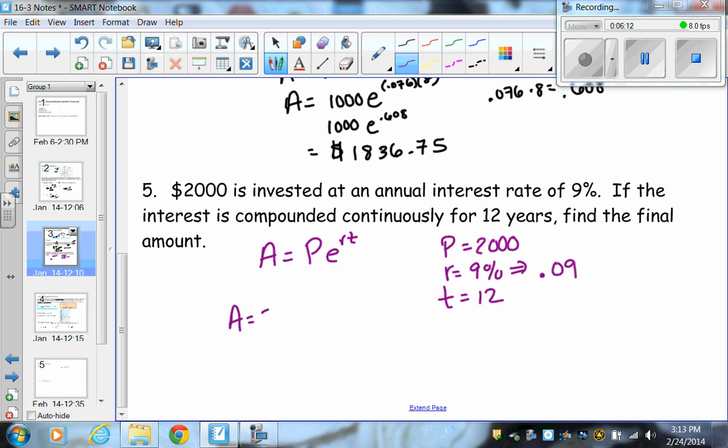So A equals 2,000 times e to the 0.09 times 12. And when we type this in our calculator, we should get $5,889.36.